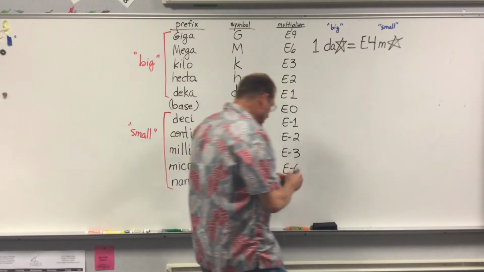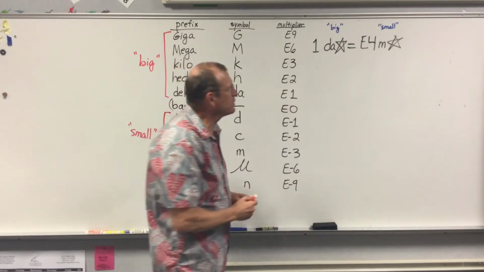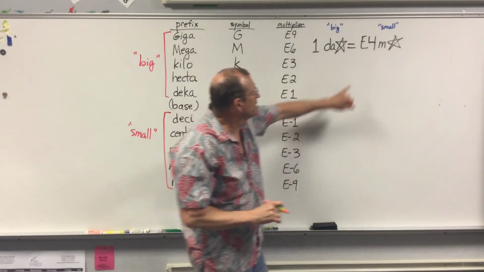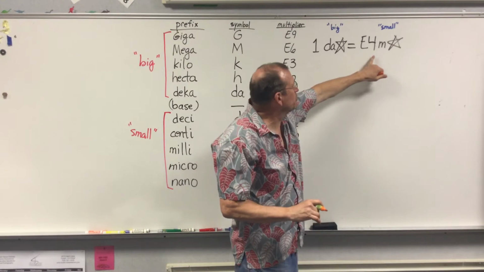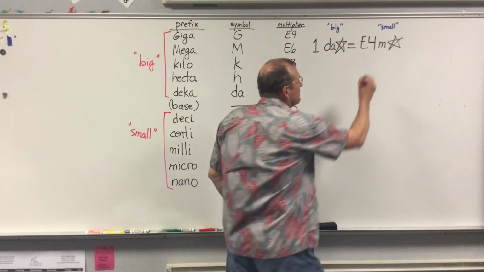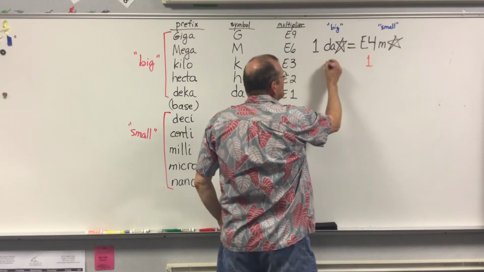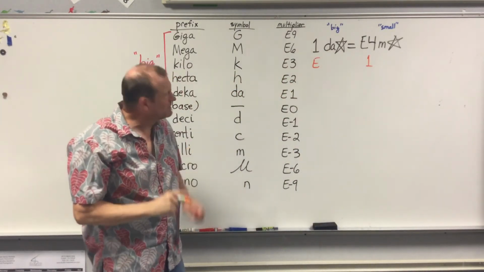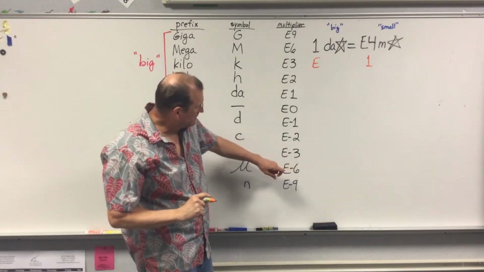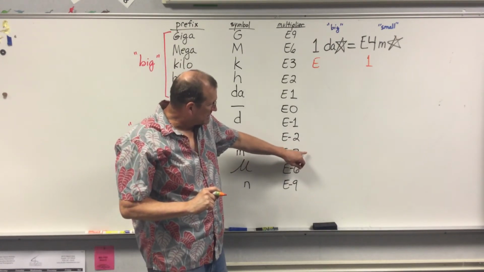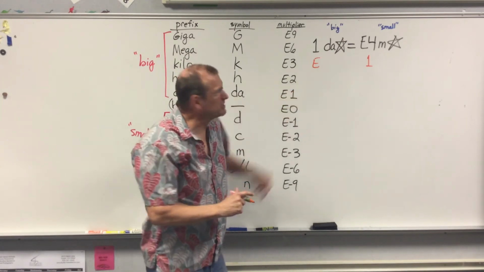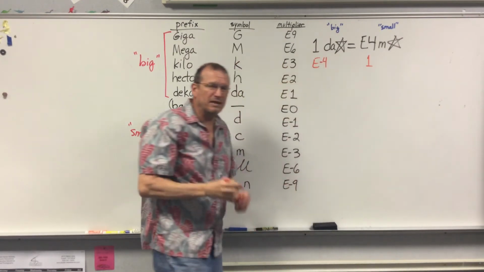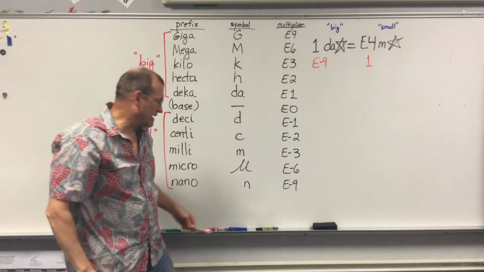Now, I'm going to gloss over this very quickly. If you approach this from what I call the opposite approach, that would entail putting a 1 on the small unit and the E over here. If you were to do that, you would end up taking the separation between the two, which is 4 spaces, but it would be a negative value the other way around.